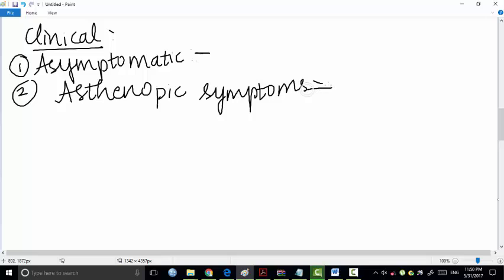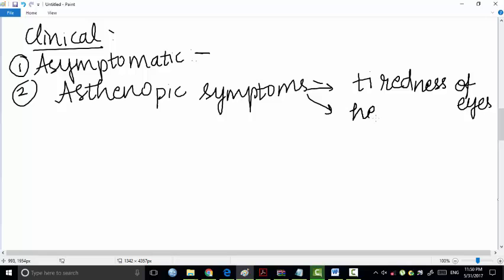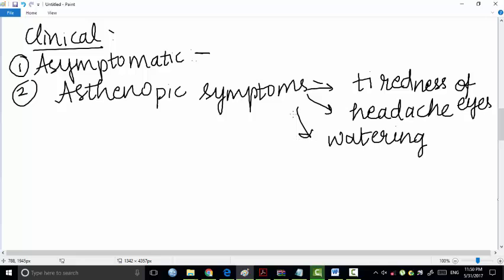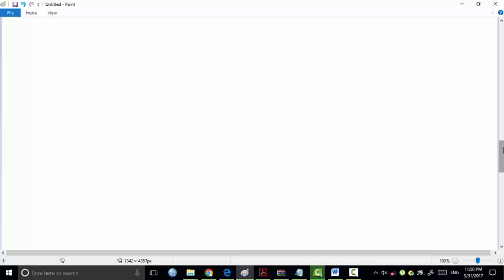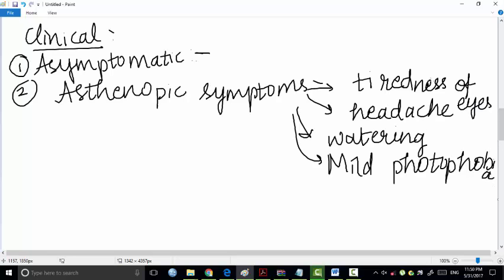What are these asthenopic symptoms? These asthenopic symptoms are basically tiredness of eyes, or it may be headache, watering of eyes, or mild photophobia.